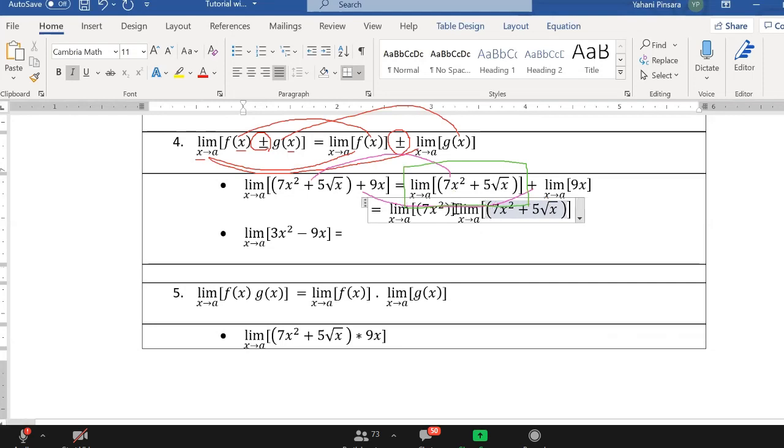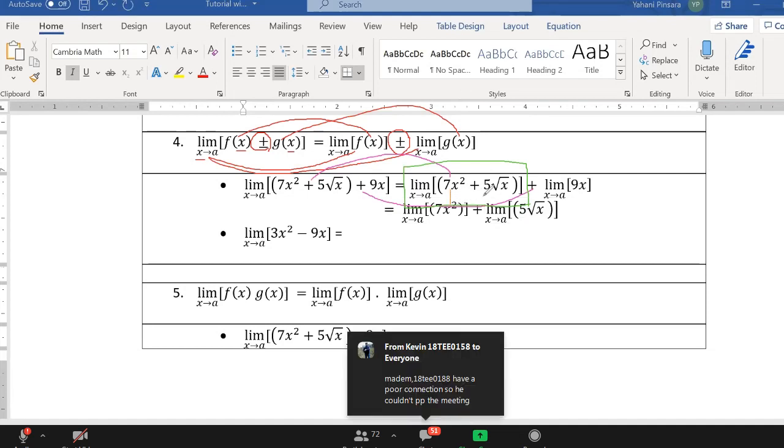Here you have to put the addition. And here you have to use only 5 root x. So what happens is you can take 7x to the power 2 here, plus here, and 5x here. And also you have to take this to this step.